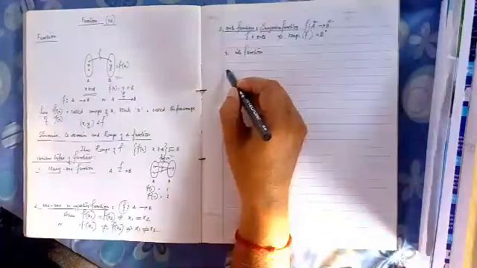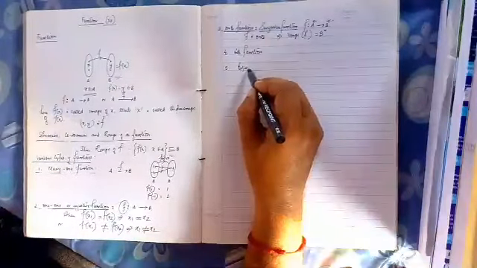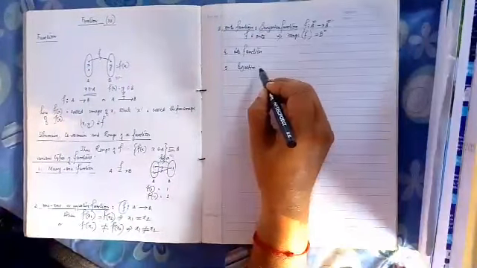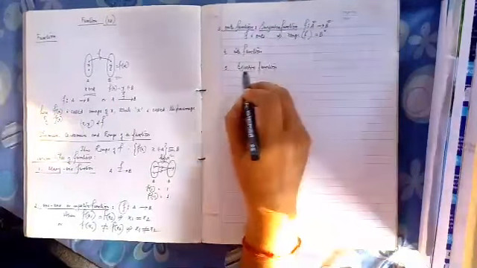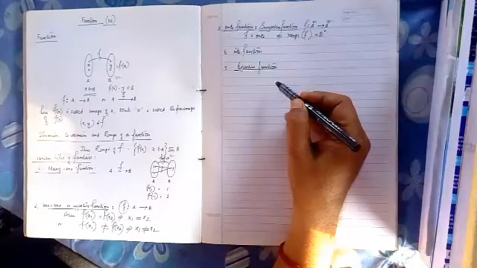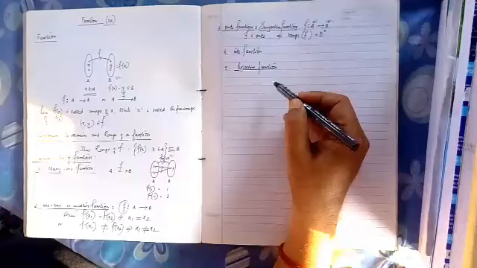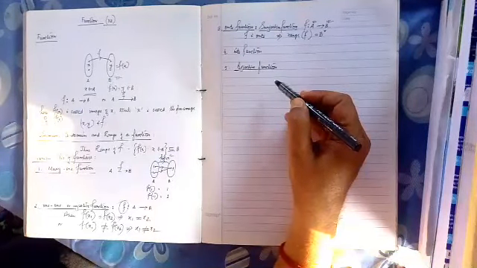Now bijective function. An onto function is said to be bijective or a 1-to-1 correspondence.